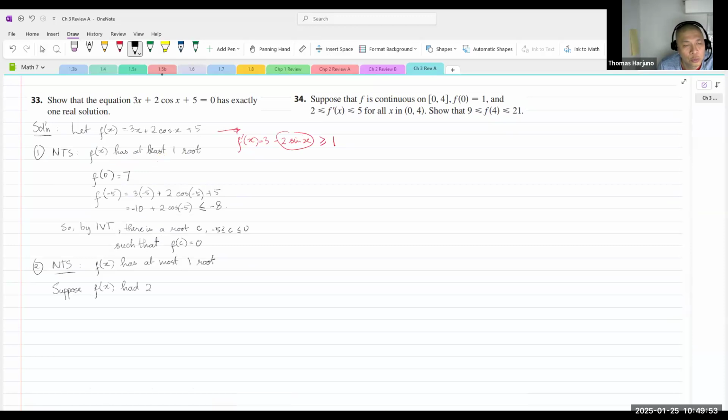So this supposition here will lead us to a contradiction. Okay, call them C1 and C2. That means FC1 equals FC2 equals 0, right?